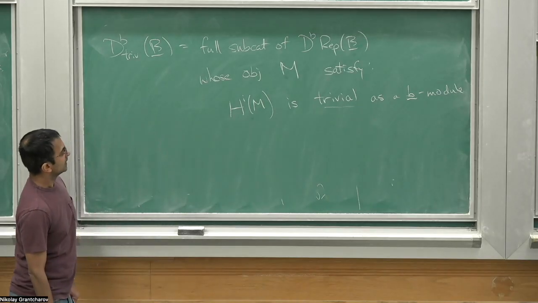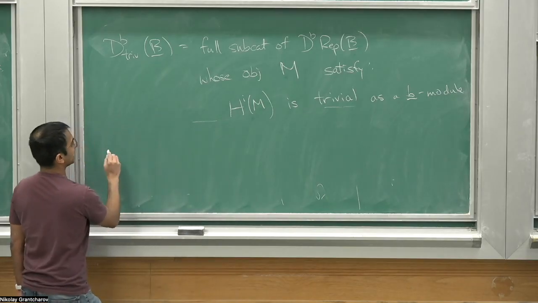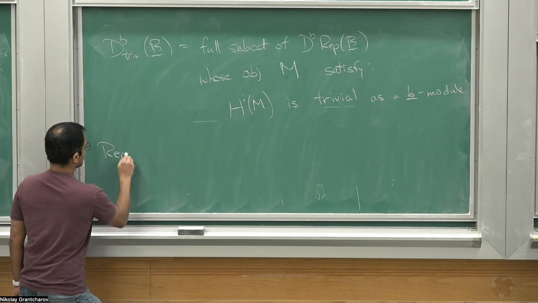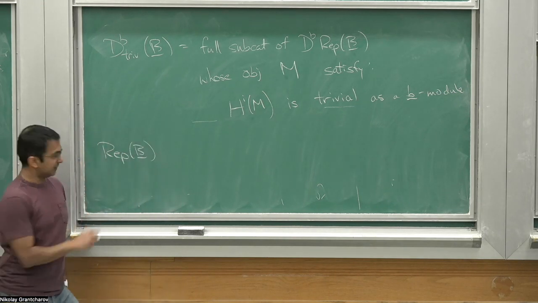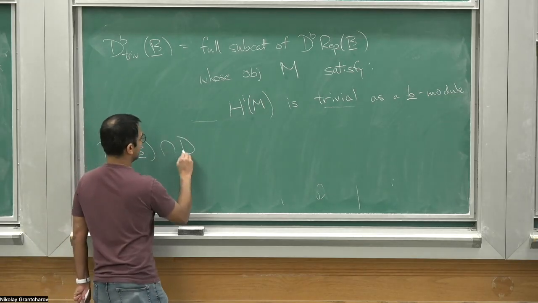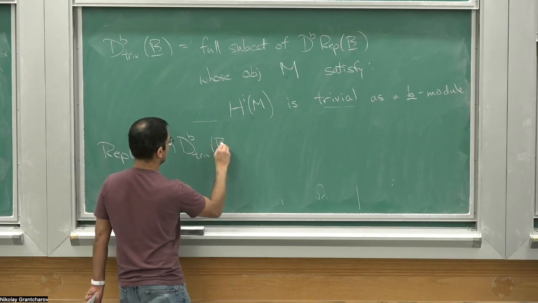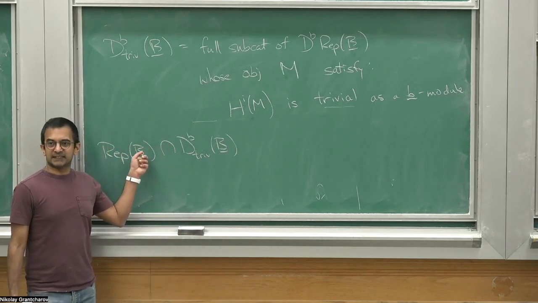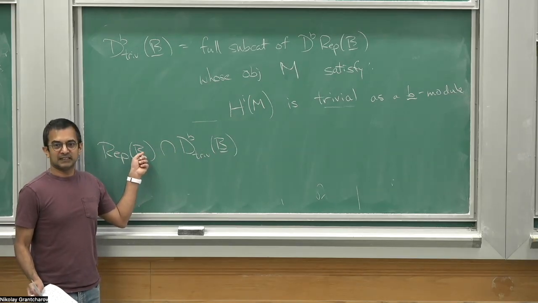Okay. So let me try to clarify. Let me try to say a bit more about what's in here. If I just take the abelian category of underlying B representations, and I intersect with D trig B, that means I'm going to get underlying B representations that are trivial on the Frobenius kernel.